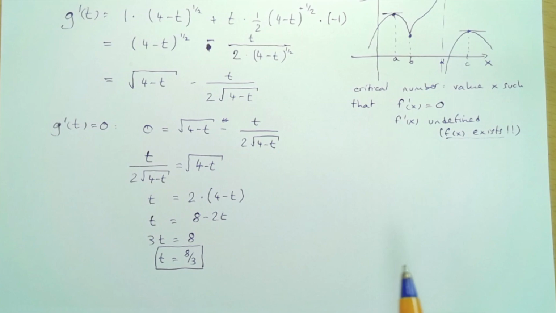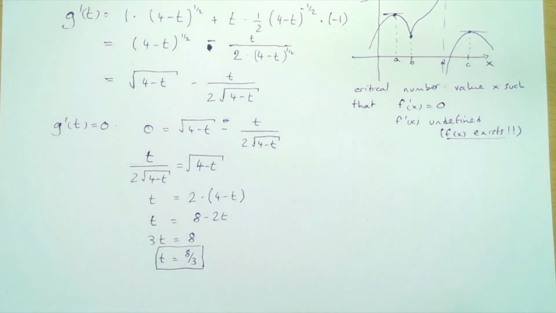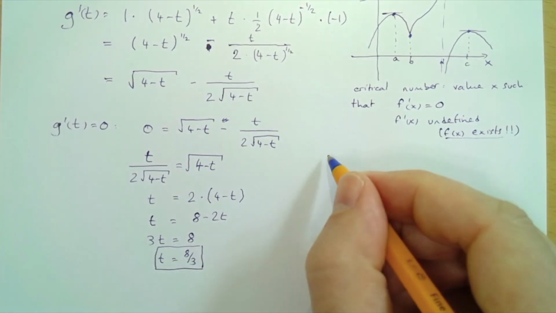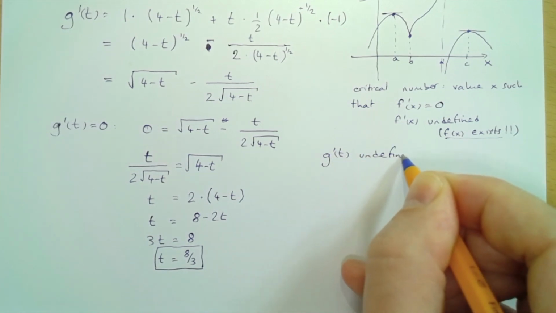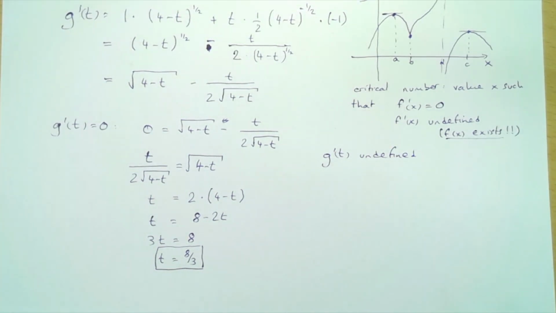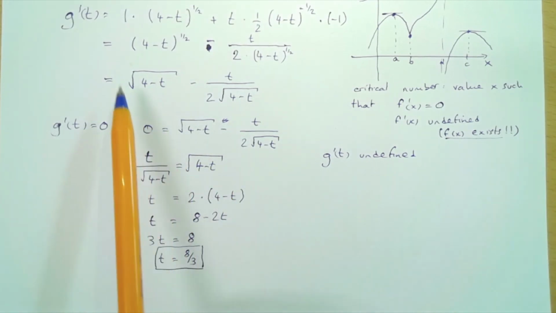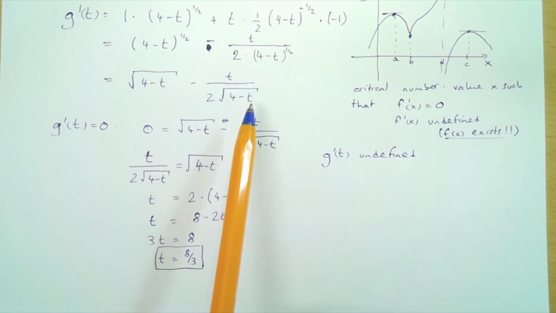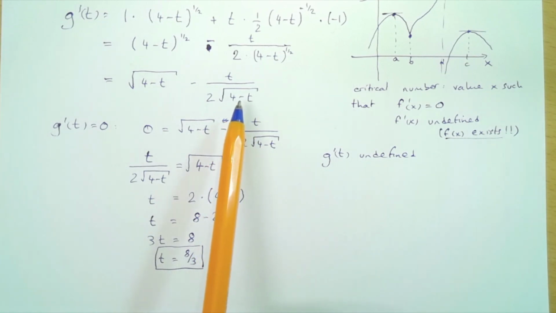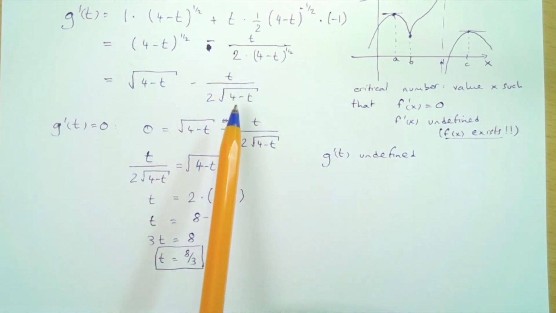Secondly, I need to check places where the derivative would be undefined. Let's do it here, g prime of t undefined. And where could this happen? Well, if we look at g prime of t here, it's going to be undefined when t equals 4, because that's going to be square root of 0, which is fine, but it's going to be something divided by 0.